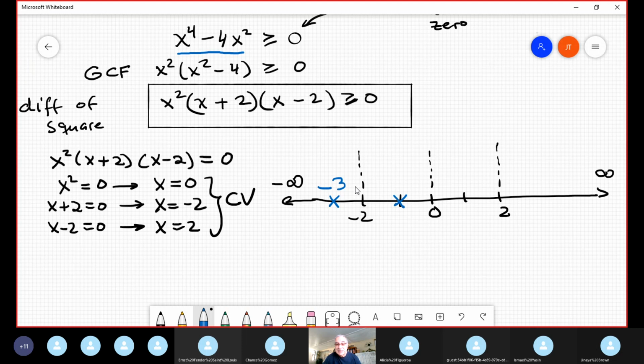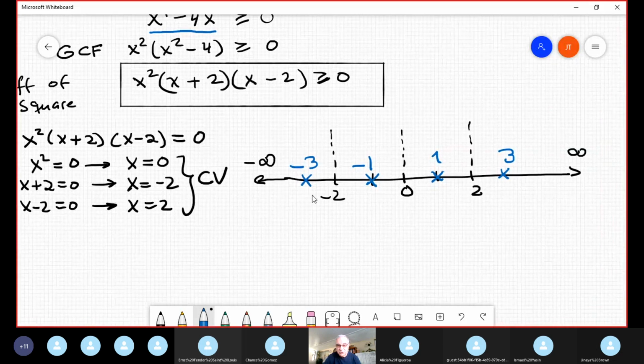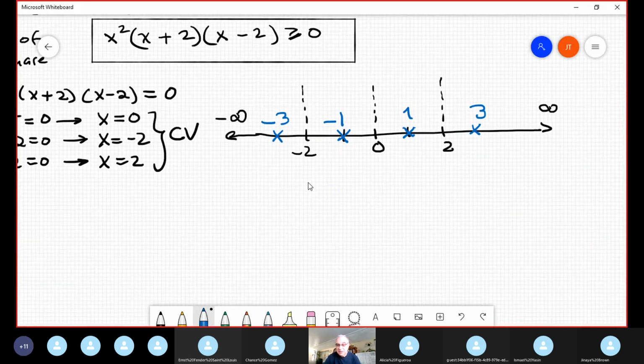One good testing point inside this interval is negative 1. Another is positive 1. Another positive 3. I repeat again, if another student selects a different testing point, the answer doesn't change, because any point inside the interval has the same behavior with respect to the signs, and the important information is the sign.